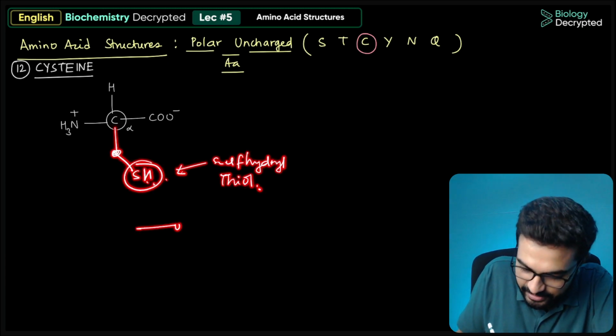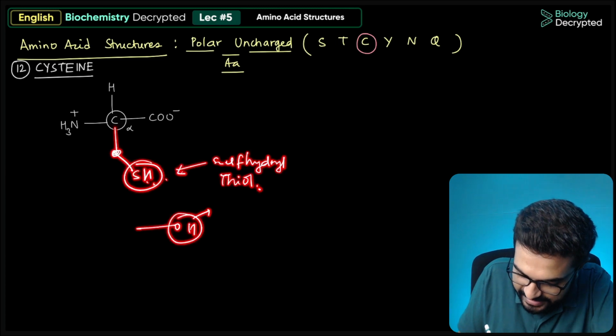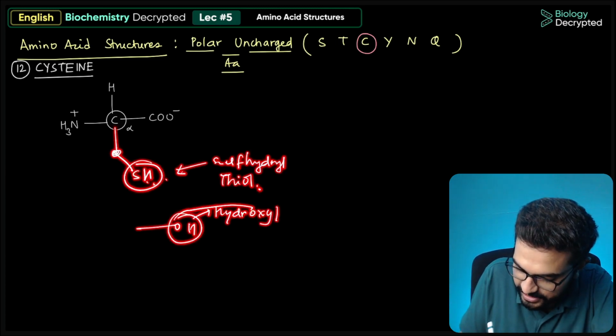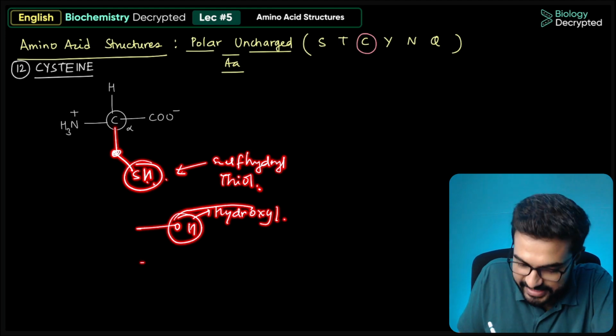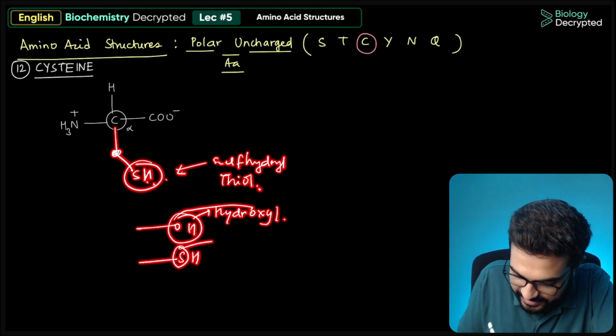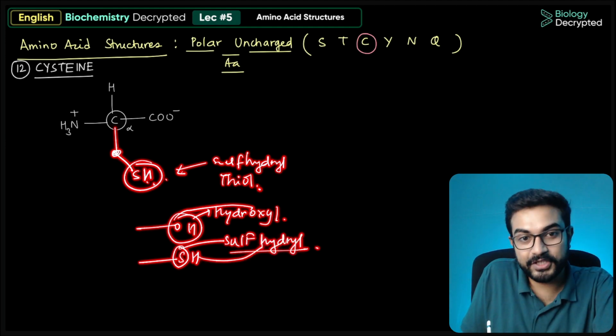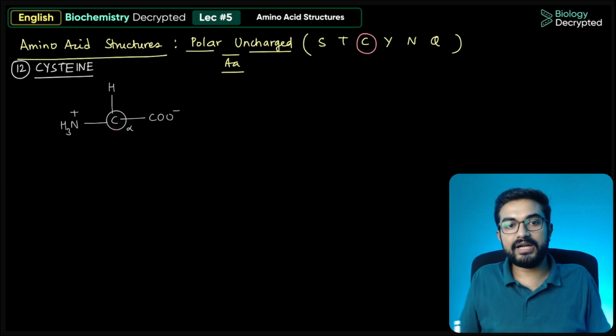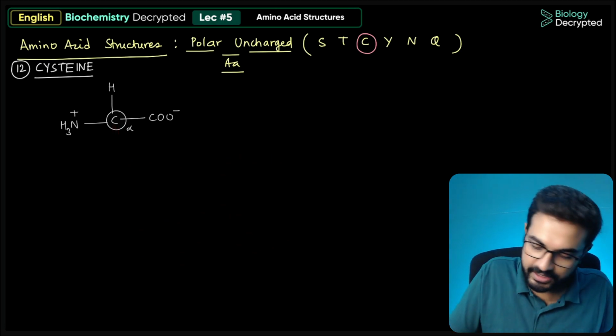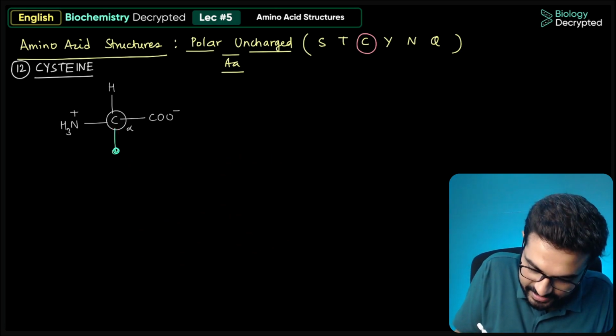Just like OH was called hydroxyl because there was hydrogen and oxygen, this will be called sulfhydryl. I hope you got the concept. So let's draw it quickly. This is the carbon.